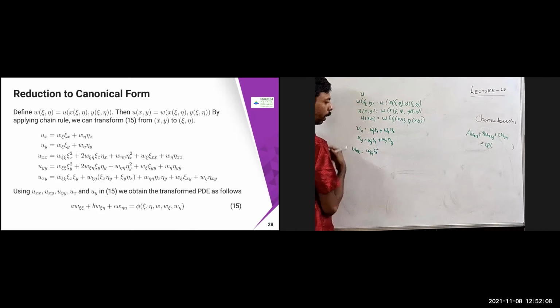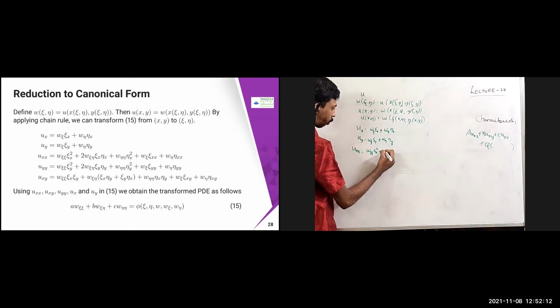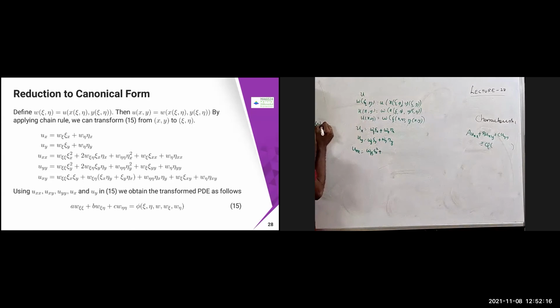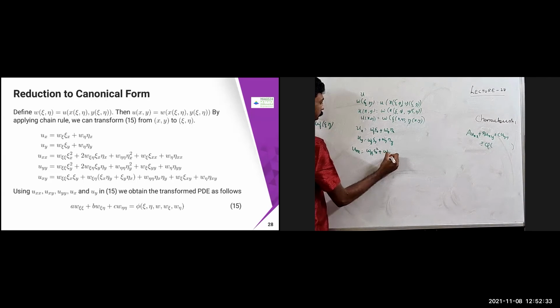Also w_chi is a function of chi comma eta, where chi comma eta are functions of x comma y. So differentiating gives w_chi chi chi_x squared, and once again w_chi eta times chi_x times eta_x.